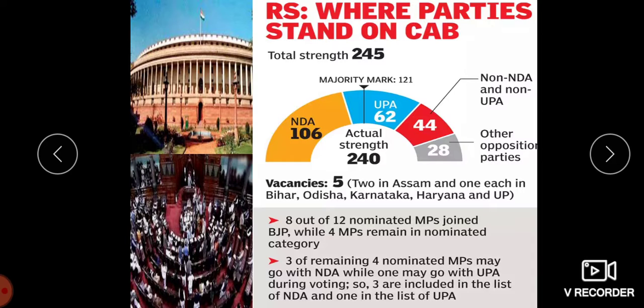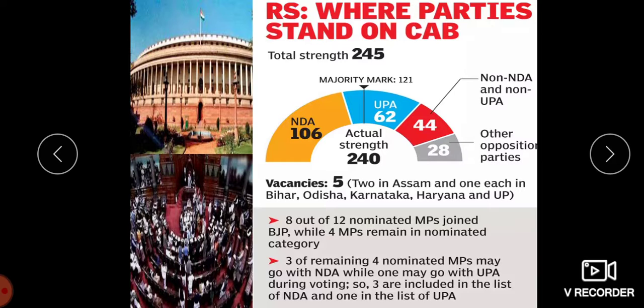So how are the other members elected? We have the nominated members and elected members. When we move on to the elected members, there are 238 members elected by the states and the union territories. The allocation of seats among the states is not equal, as this could be undemocratic. Seats are allocated to the states and the union territories on the basis of their population.